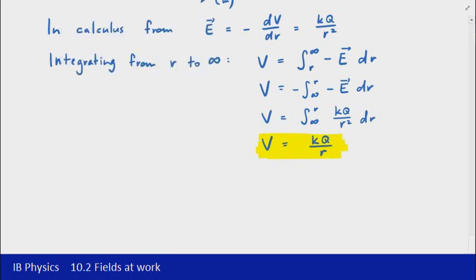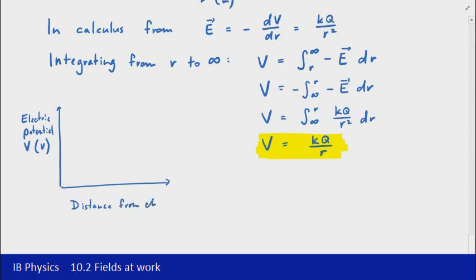So notice I'm highlighting that one, it's in the data booklet. That means that we now have a graph that we can produce for electric potential, so not potential difference, just electric potential at any point in a field around a point charge. And we'll still have, in this case, distance from the charge, and that distance is r, and it's measured in meters.